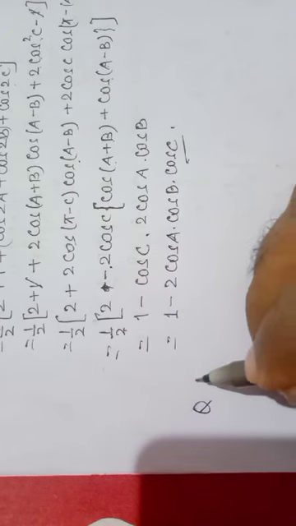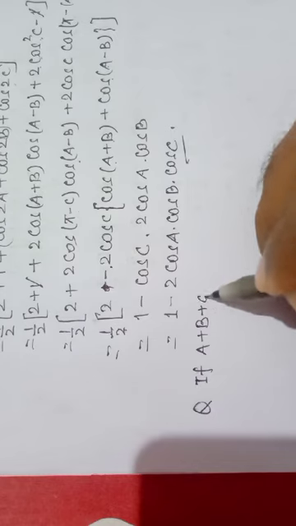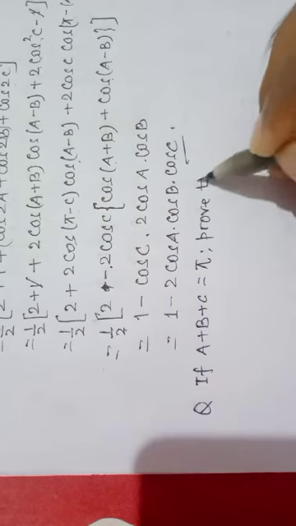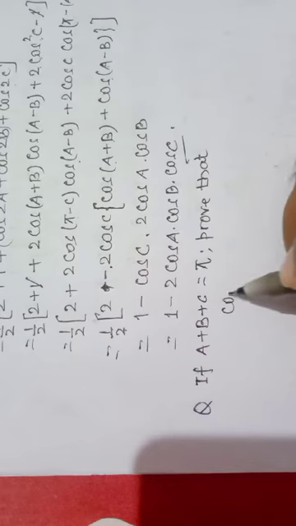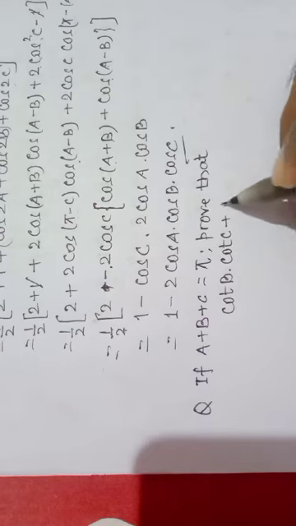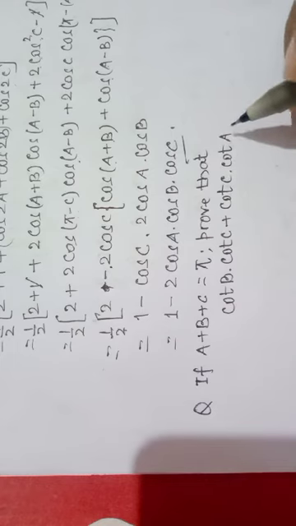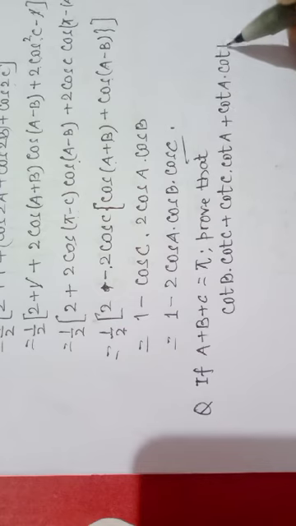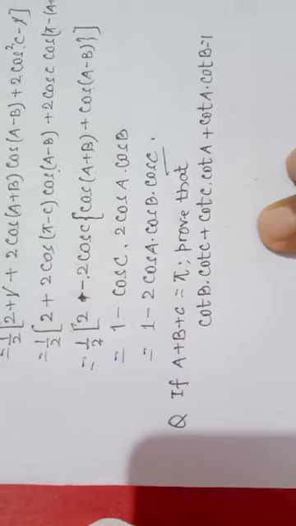If a plus b plus c is equal to pi, then prove that cot b into cot c plus cot c into cot a plus cot a into cot b is equal to 1. This is your question. See, this is a question of cot.